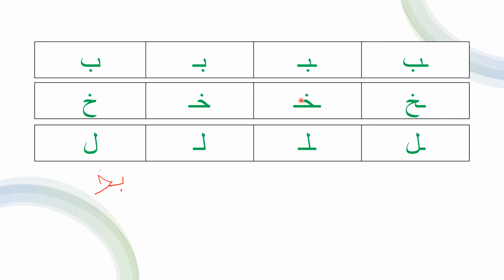Right here, which shows you that it's in the middle. All right, and then you can add the lam right here. So this word is pronounced ba khi la, bakhila.